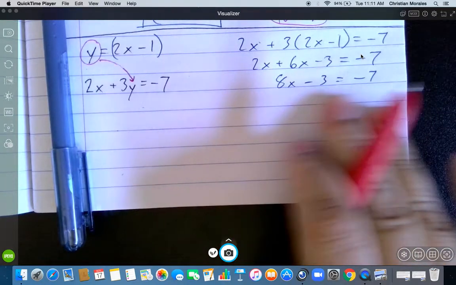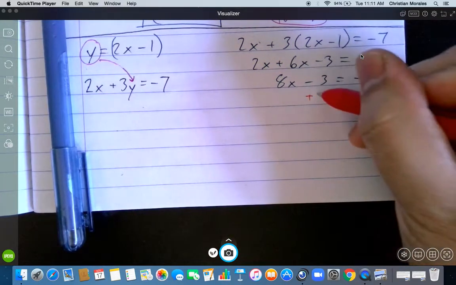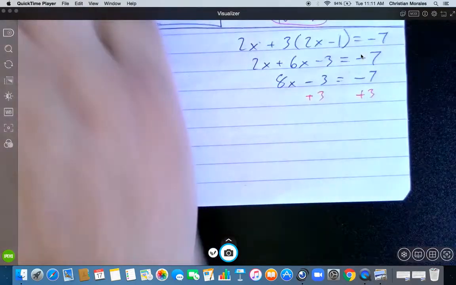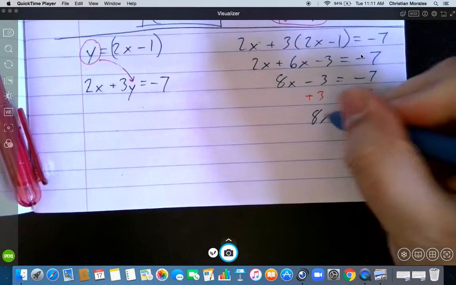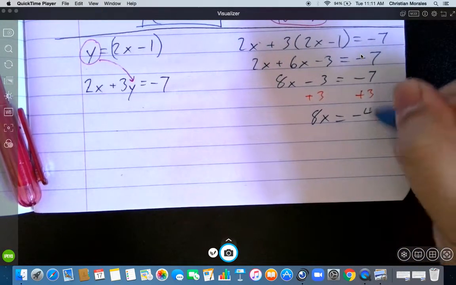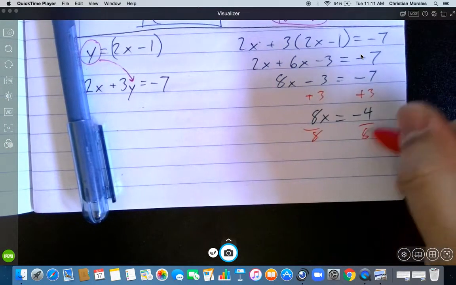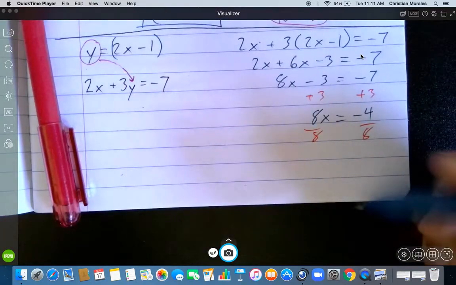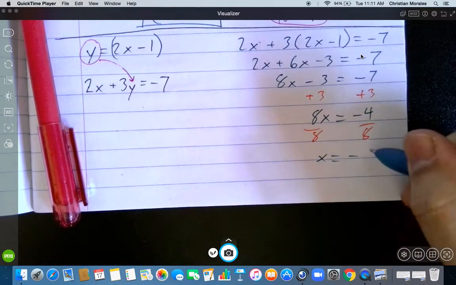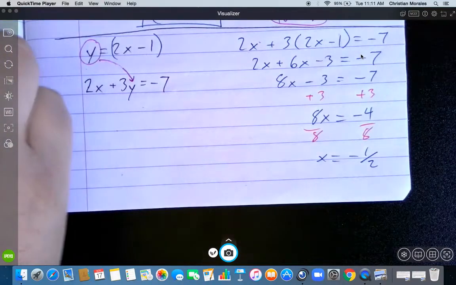Now that it looks like this, we're going to solve for x by doing inverse operations. The 3's cancel out. I get negative 4. Now I have to divide by 8 on both sides. Oh, I'm going to get a fraction. I'm going to get negative 1/2 or negative 0.5.